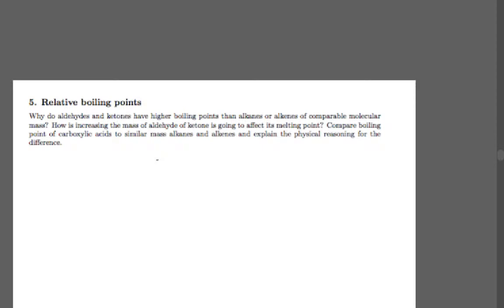Aldehydes. Oh wait, no, actually, why aldehydes and ketones have higher boiling points than alkanes and alkenes of comparable molecular mass?